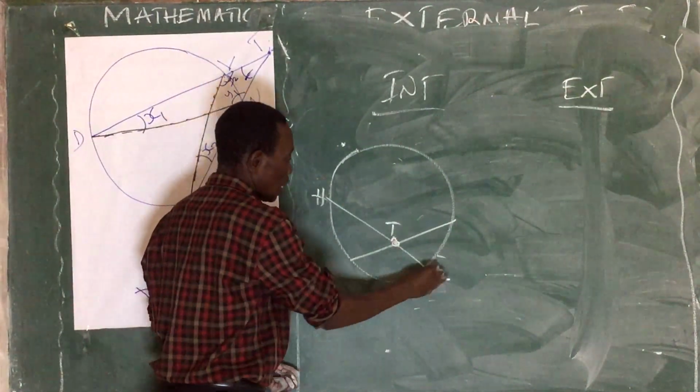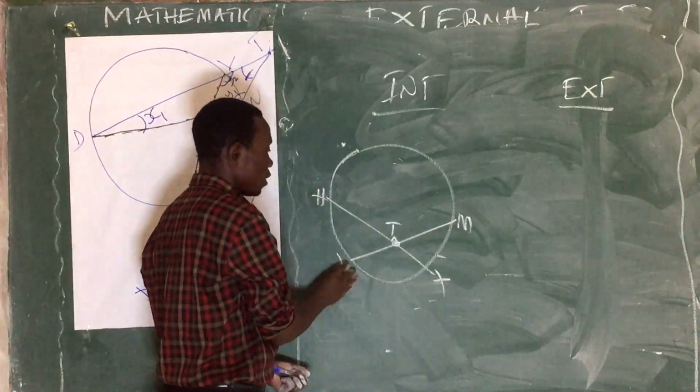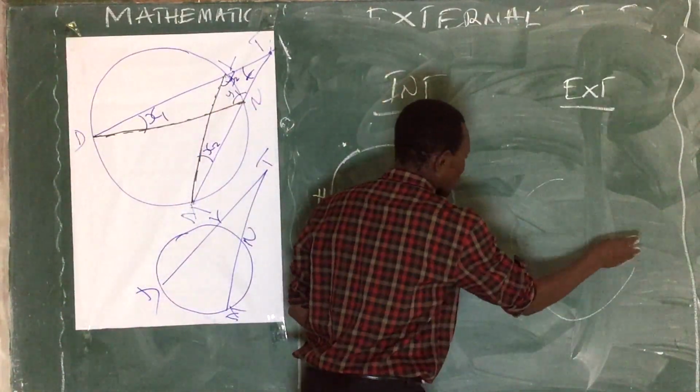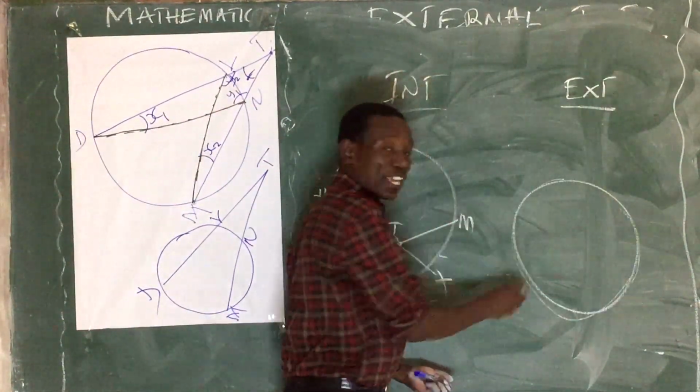This is H, X, M, D, and here we talk of the external. I have a circle like that.